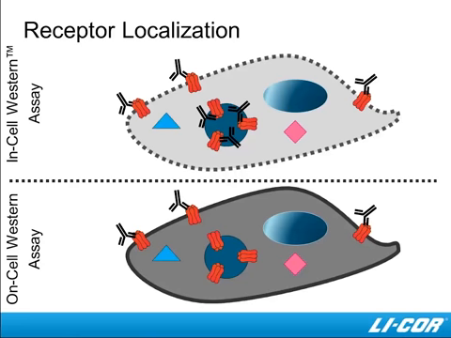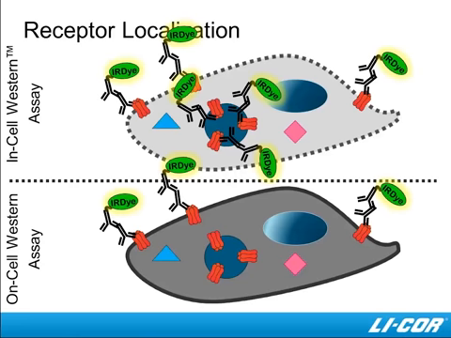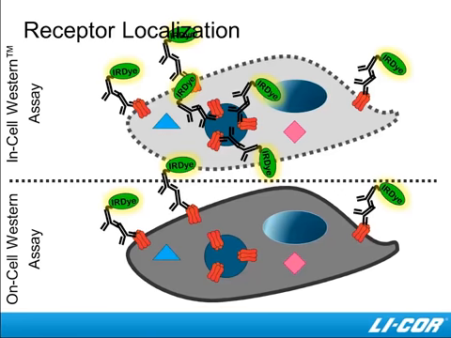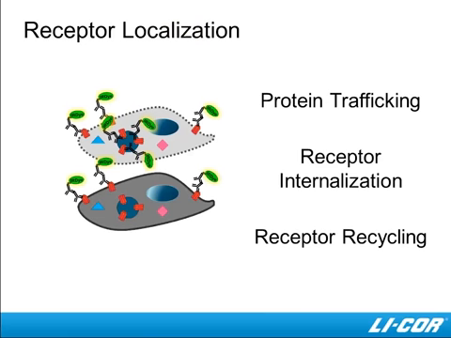By doing these side-by-side assays, we can address some different questions. We can look at protein trafficking. Where is your protein inside a cell? Is it at the plasma membrane or is it internalized? Doing the In-Cell Western Assay, we can see how much of our protein is expressed throughout the cell, and then with the On-Cell Western Assay, we can see how much of that signal is perhaps at the plasma membrane. Alternatively, using the On-Cell Western Assay, we can look at receptor internalization.